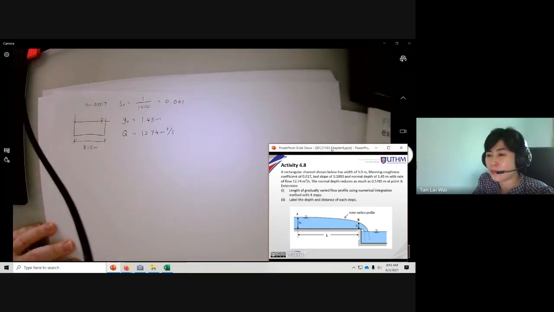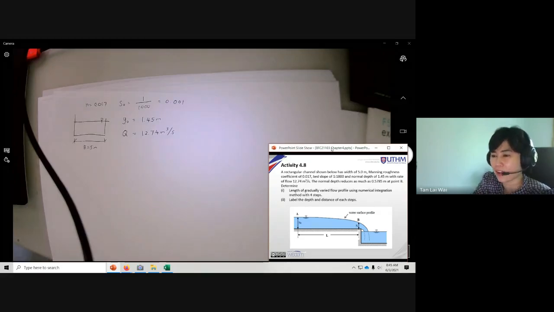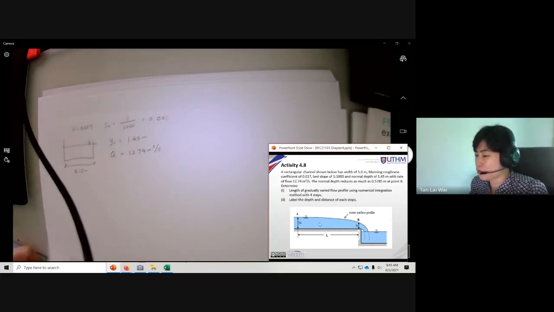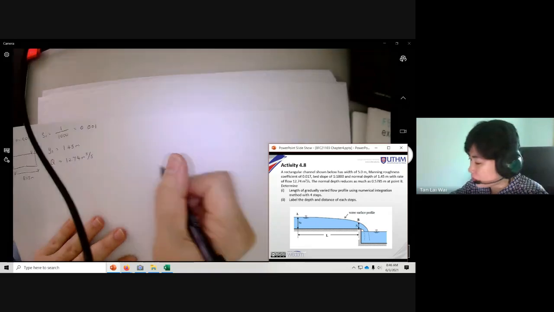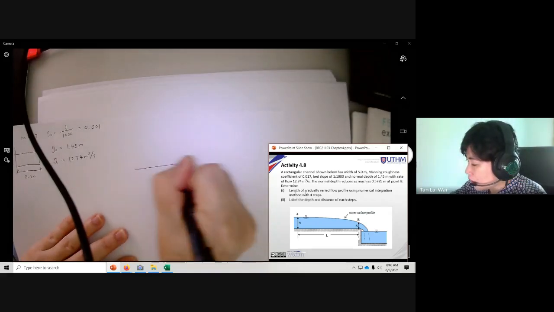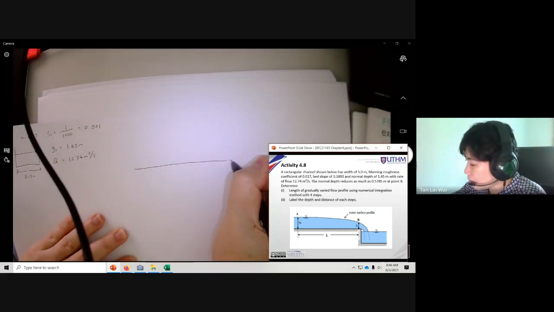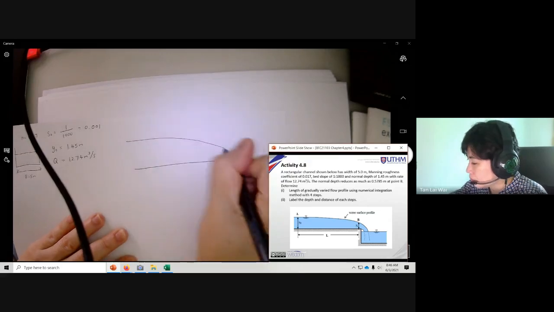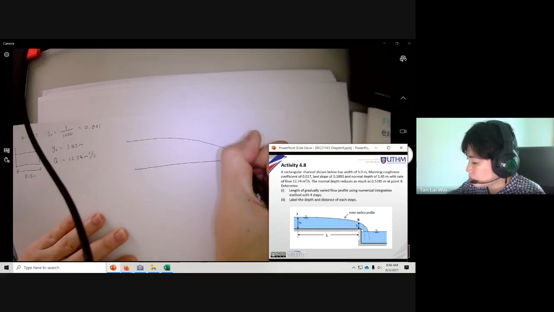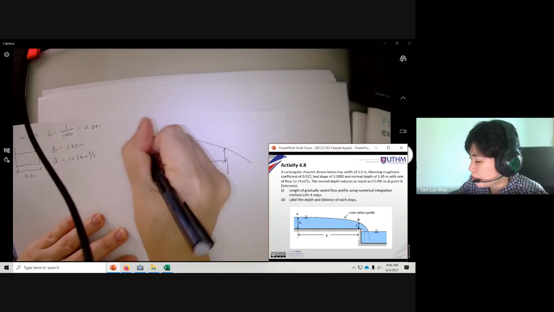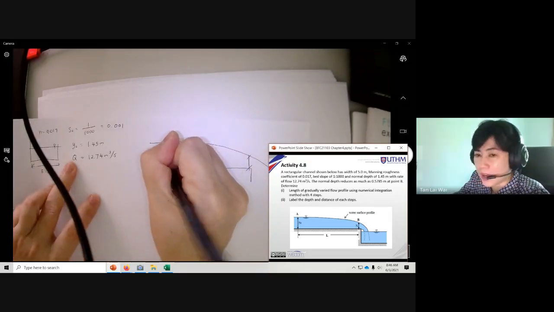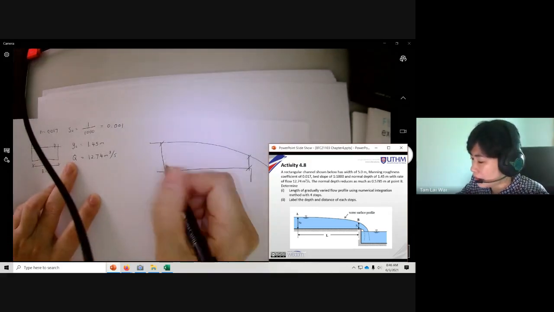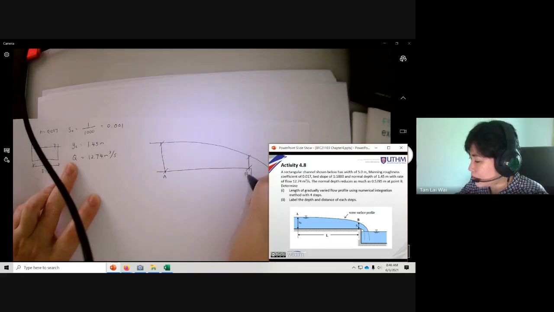Now, the normal depth reduces as much as 0.5785 at point B. Look at this, A and B. I'm going to draw this out. Here is Y naught, A is here and then B here.